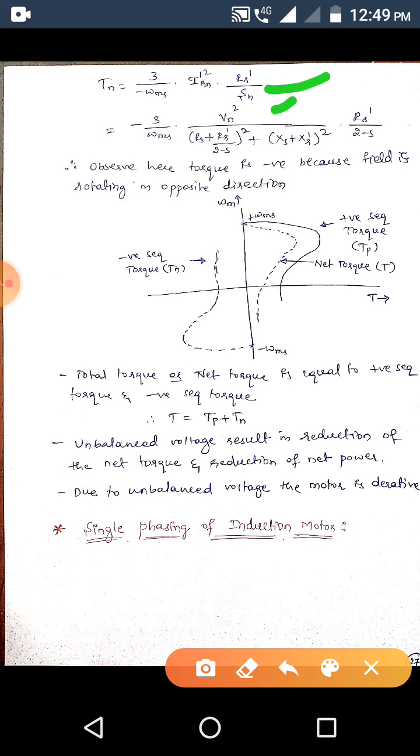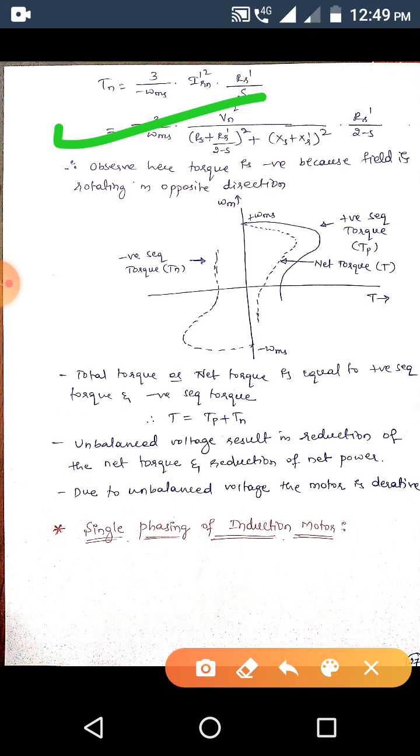So here we have to observe that the torque is negative in the negative sequence component. Okay, the torque is negative here because the field is rotating in the opposite direction.